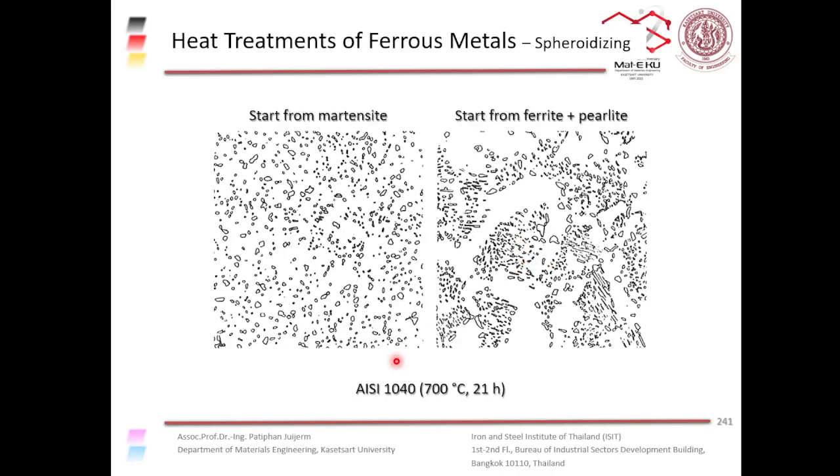Okay, so this is the 1040 steel. You heat it at 700 degrees for 21 hours. So 1040 means it's a plain carbon steel with 0.4% carbon. So it's a medium, lower end of a medium carbon steel.